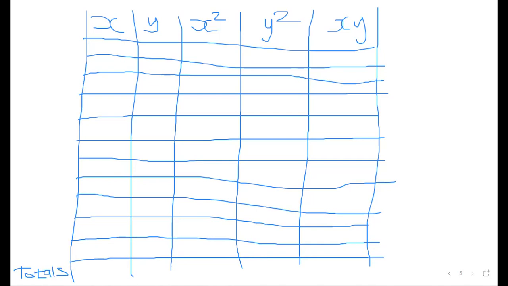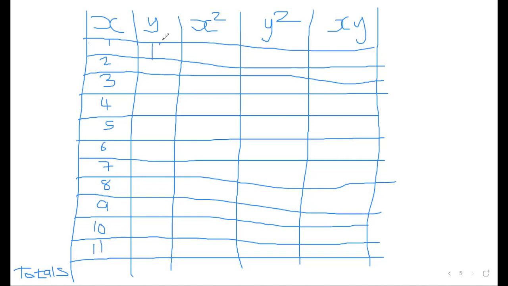So what I'm trying to say here is that the first column, X, has 1, 2, 3, 4, 5, 6, 7, 8, 9, 10, 11.